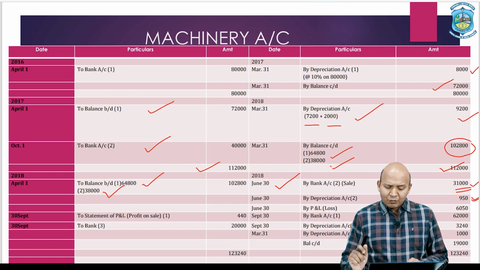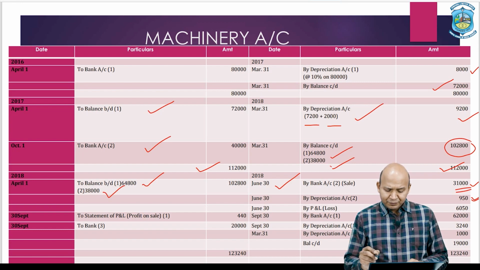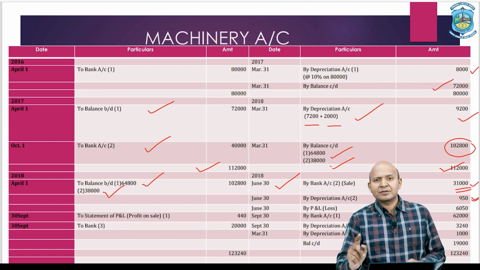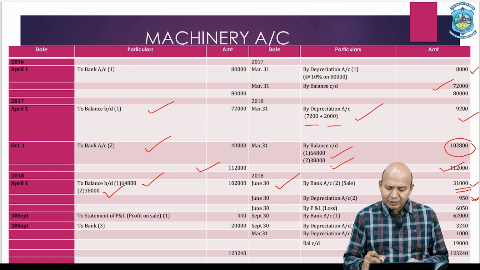Now we need to know what is the balance amount of this particular machine. So 38,000 minus 950, the value of this machine is coming 37,050 and this machine we are selling for rupees 31,000, which means there is loss on sale, and if it is loss on sale, it needs to be recorded in the credit side of the asset account.